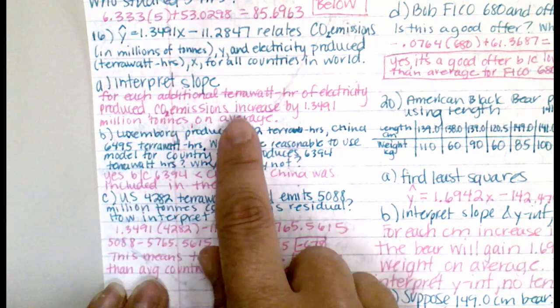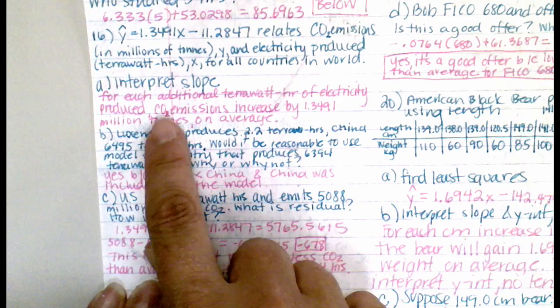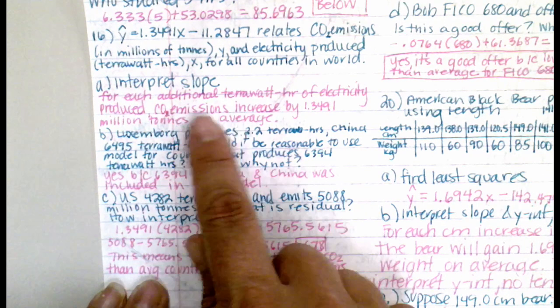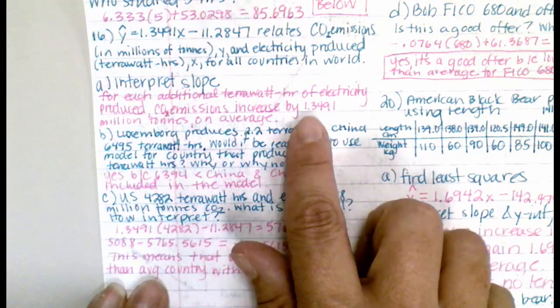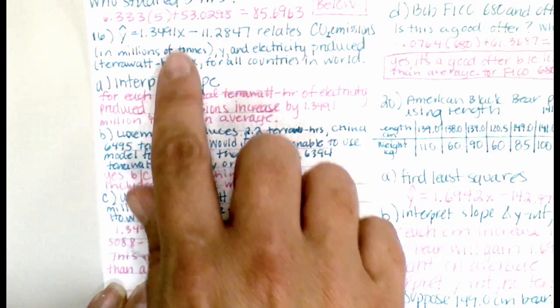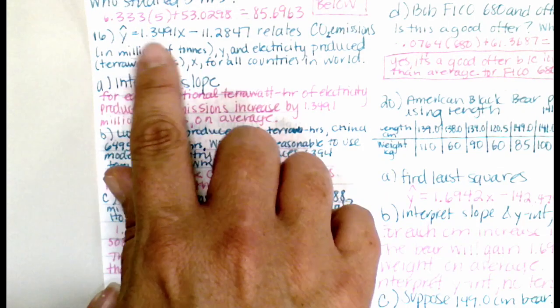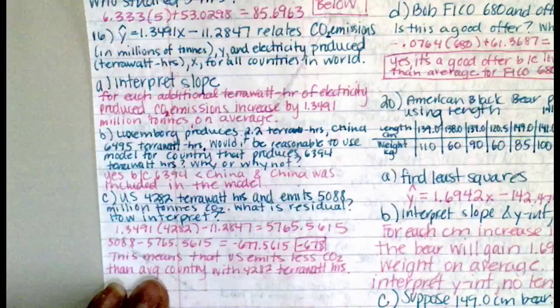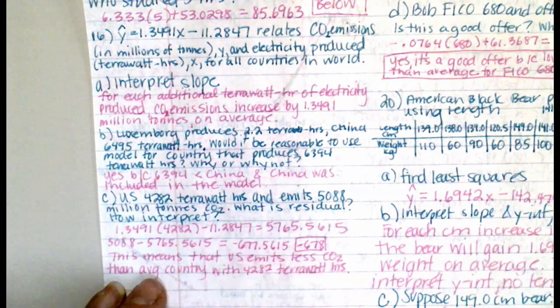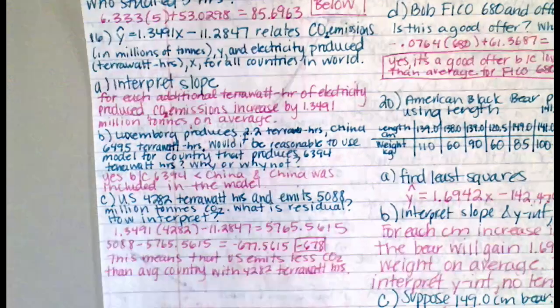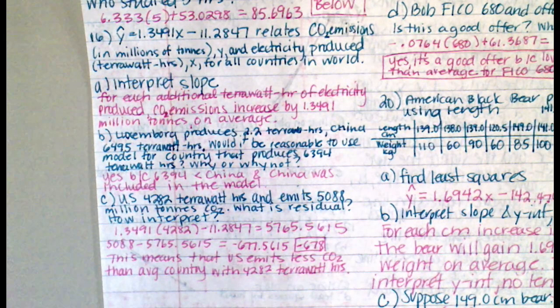In this case, the CO2 emissions increase, because CO2 emissions is your y label, by whatever the actual slope number is, in this case 1.3491, and then we should always say on average. And again, it doesn't have to be word for word. You could start with on average if you wanted to, but you should include all of those pieces.